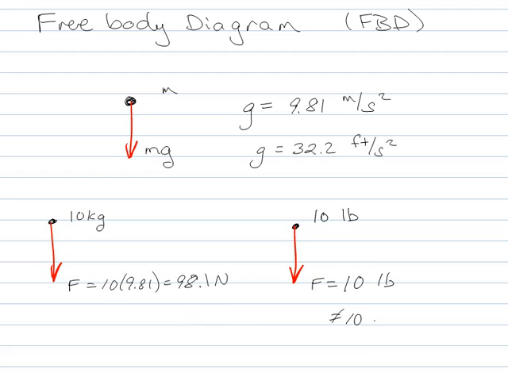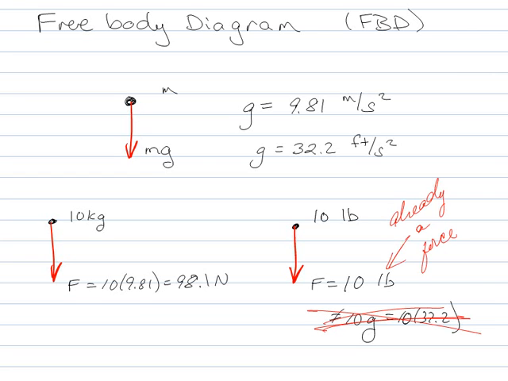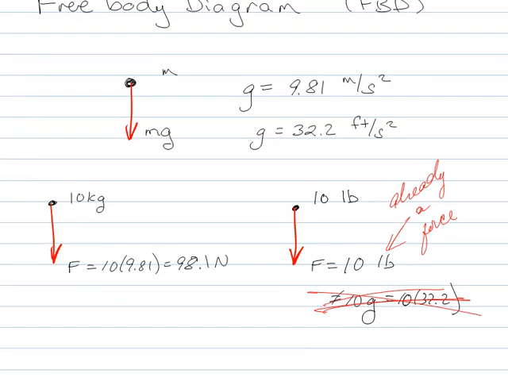The force is not 10g or 10 times 32.2. It's not that, because remember, pounds is already a force. It's already written in terms of force, so it's already a force. Don't multiply by anything. It's completely content being who it is. Okay? Alright, so moving on.